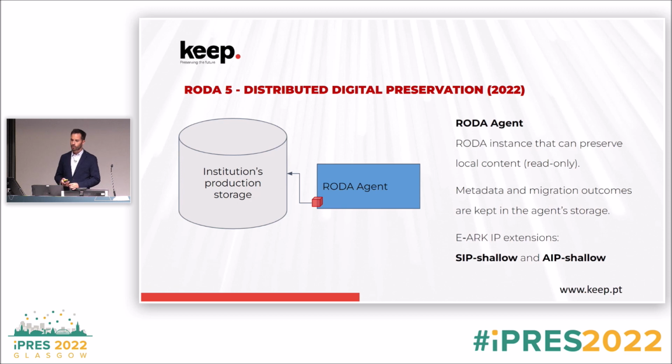Here, we are currently developing a way of RODA preserving content that's not within its control by referencing content within the institution's production storage. Migration and metadata outcomes are kept within the agent storage, and for that we needed some extensions.